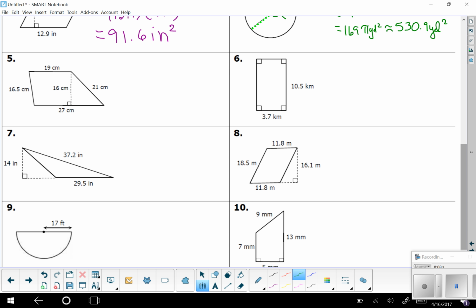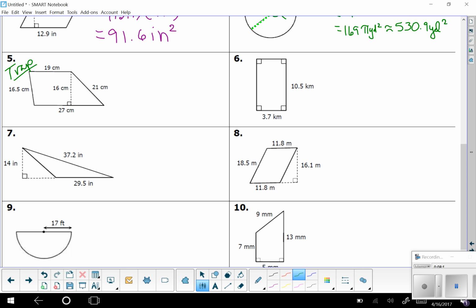For number 5, this one is a trapezoid. They've got a lot of information here that we really don't care about.